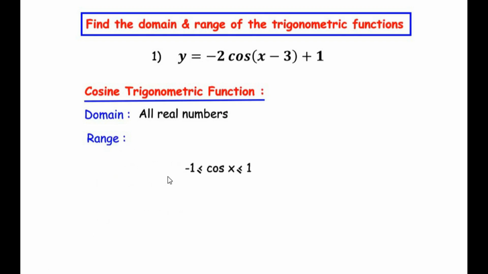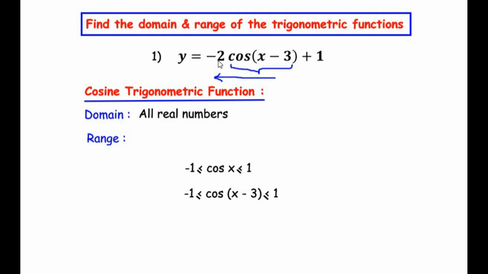Now let us start solving to find the range of this function. So in place of cos x, we are going to write cos(x - 3). So remember to start solving from inside out. So take the inside bracket x - 3, then we can start multiplying this cos(x - 3) with -2. So I'm going to write here: -1 ≤ cos(x - 3) ≤ 1.